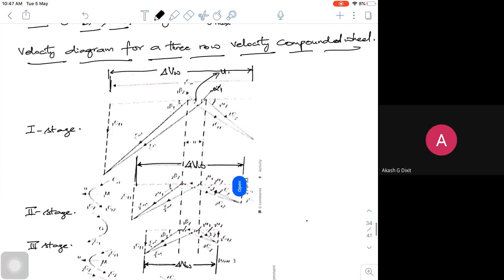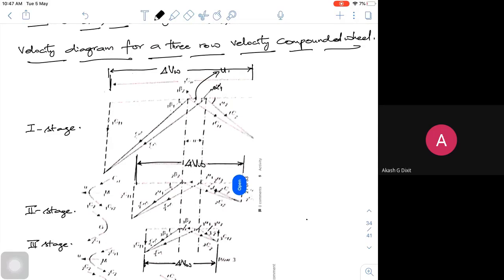U remains the same because the shaft is running at the same speed. That you have to remember.